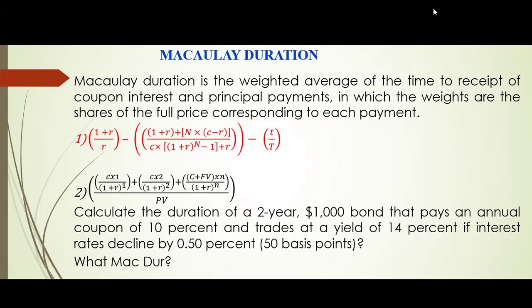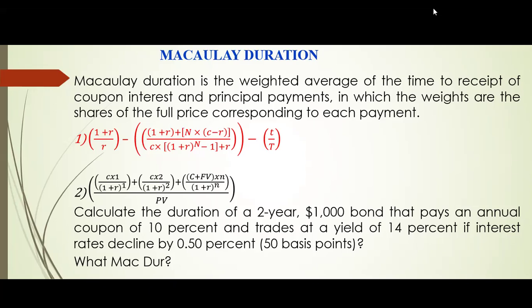It pays an annual coupon of 10% and trades at a yield of 14%. If the interest rate declines by 15 basis points, or 0.15%. Okay, let's discuss the formula for number one.